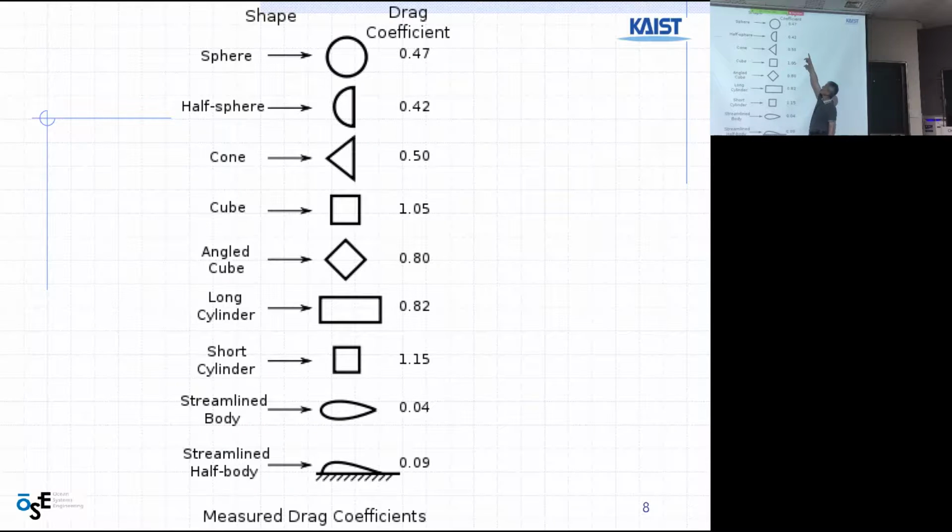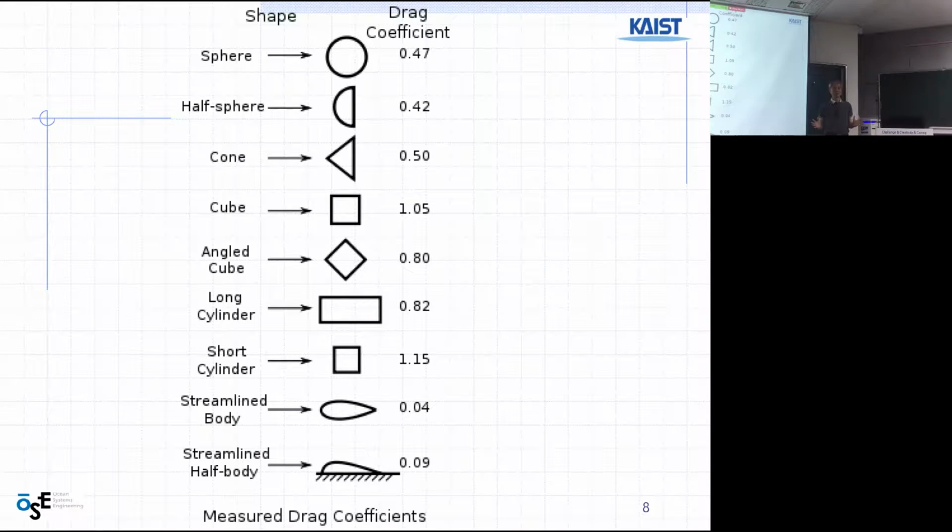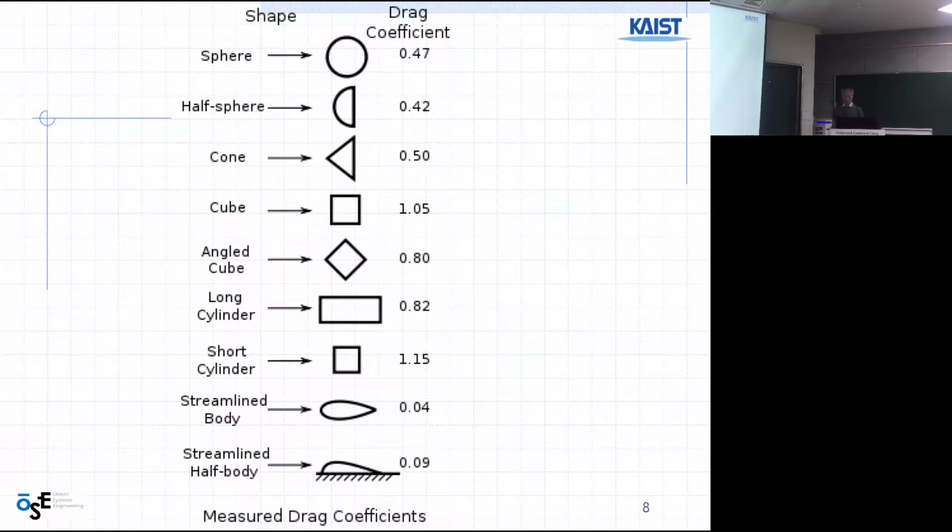Then the circle, and the minimum is a streamlined body. Very big difference, 25 or 30 times difference in drag coefficient. That's why we use a slender body shape rather than a blunt body, with a narrow and sharp edge at the front to reduce the drag coefficient.